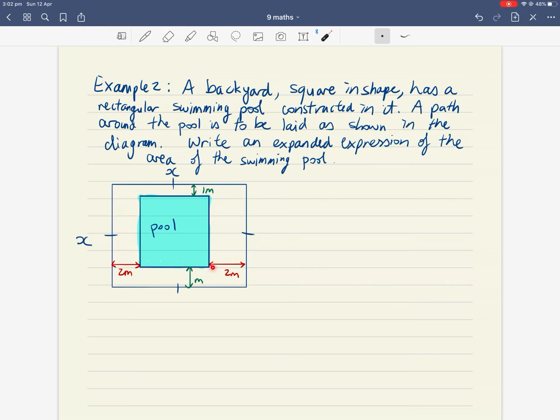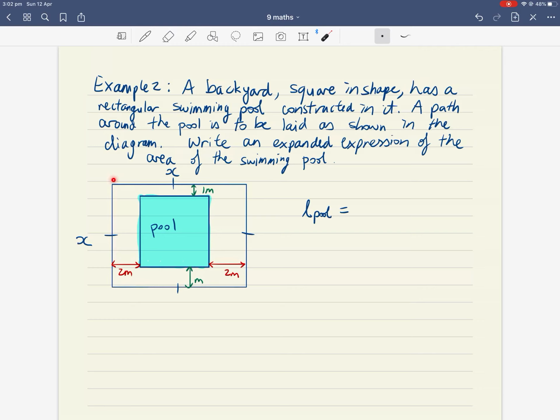So we need to work out what this blue shaded area of the swimming pool is. So if this pool is a rectangle, then area of a rectangle is length times width. So we first need to work out what the length and width of the pool are. So length of pool, well, let's think about it.